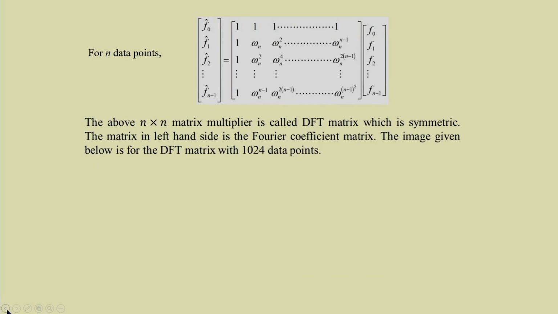So, you just see we can find a matrix. This is the matrix we can find.